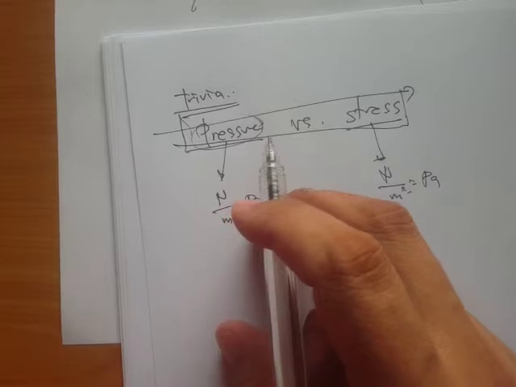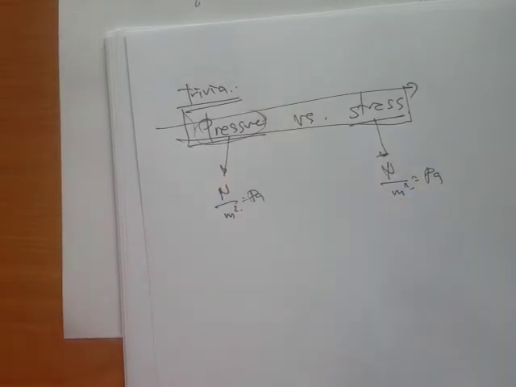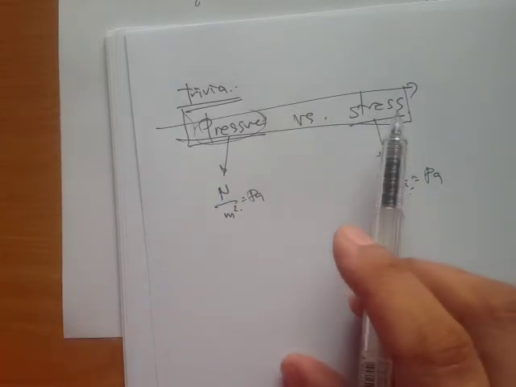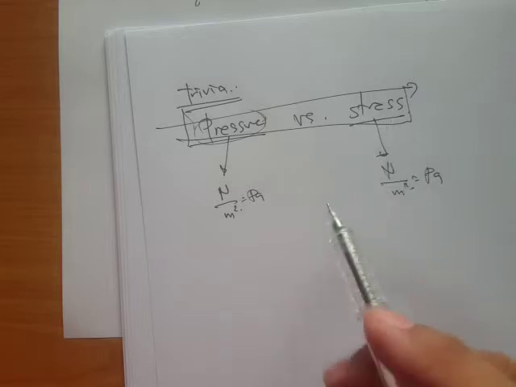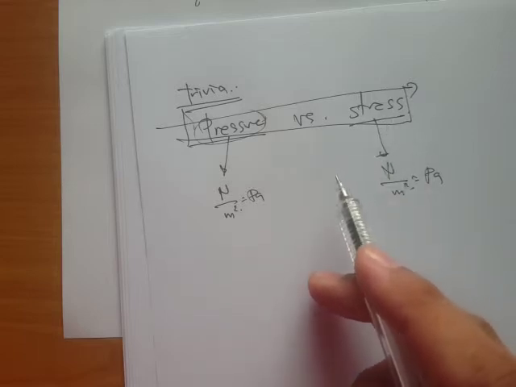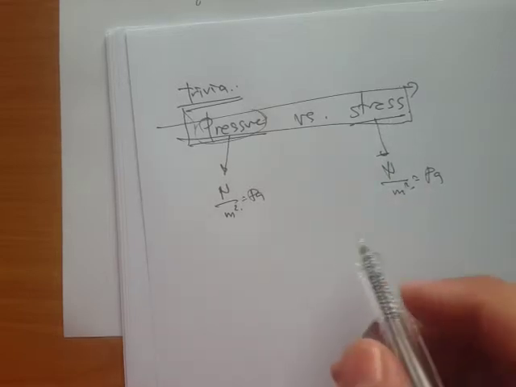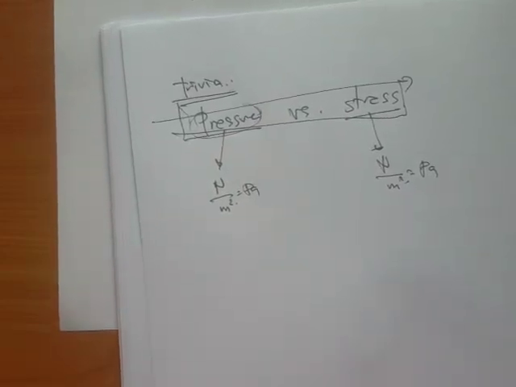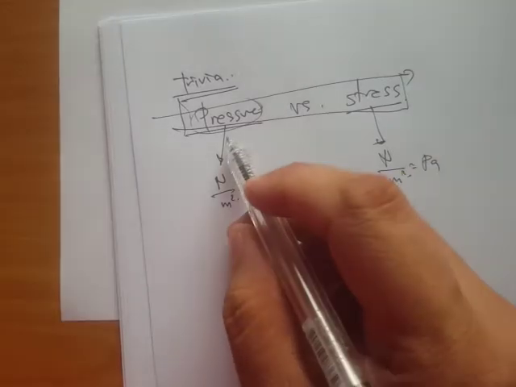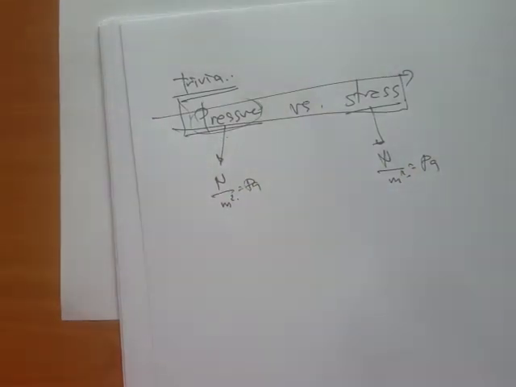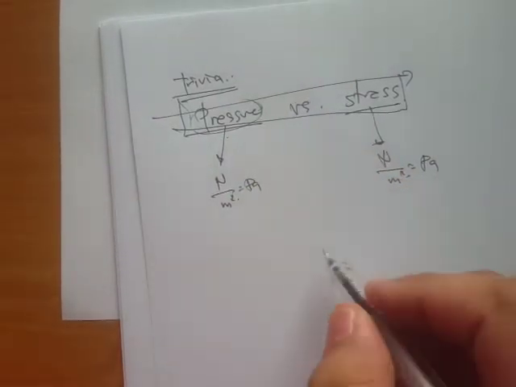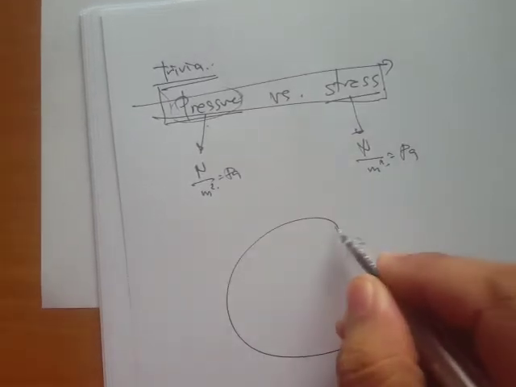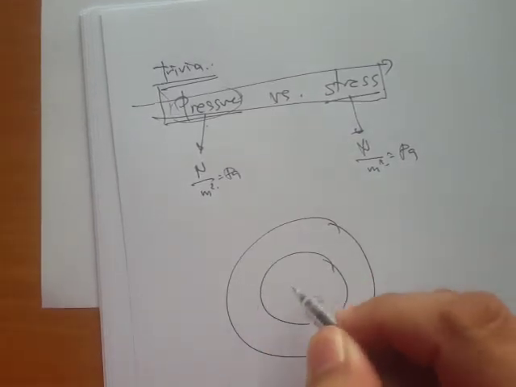Pressure is also a force distribution over an entire area. This one is a force distribution as well. But are they the same thing, or do they have the same units? The answer is no. Why? Because pressure is external, whereas stress is internal. Now think, for example, a rubber tire for the wheels.